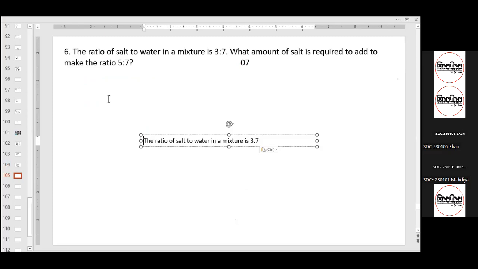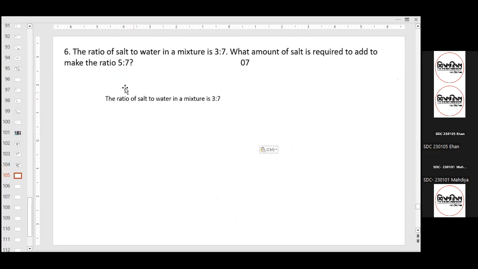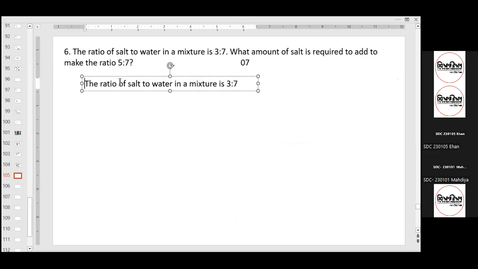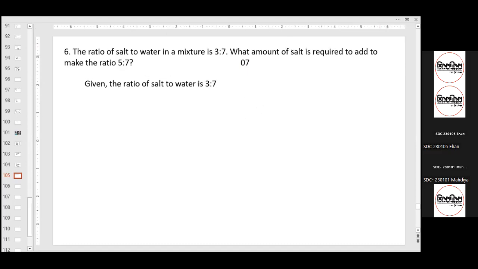First of all, we will write it down, given: the ratio of salt to water in a mixture is 3:7, right? What amount of salt is required to add to make the ratio 5:7?